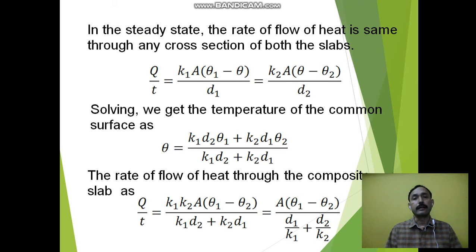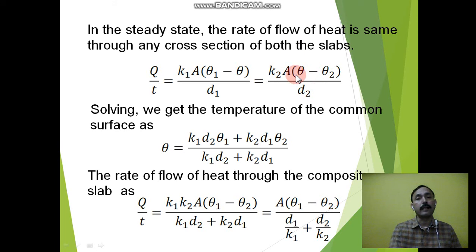In the steady state, the rate of flow of heat is the same through any cross section of both the slabs. Thus, for slab A, Q by T, the amount of heat flowing per second, is equal to K1 A (θ1 minus theta) by d1, and for slab B, Q by T is K2 A (theta minus θ2) by d2.